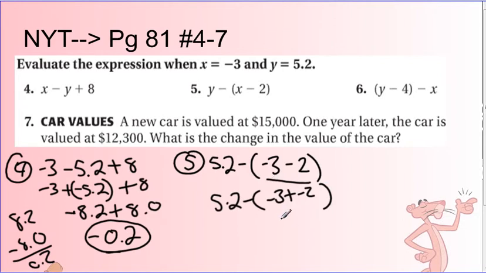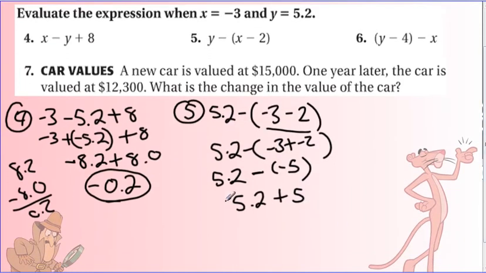Negative 5. Let me try that again. 5.2. So we have 5.2 minus a negative 5. And KFC this again because this minus and negative is a little ugly. That's much better as plus a positive 5. And now when you add 5.2 and 5.0, because it's a whole number, you get 10.2.